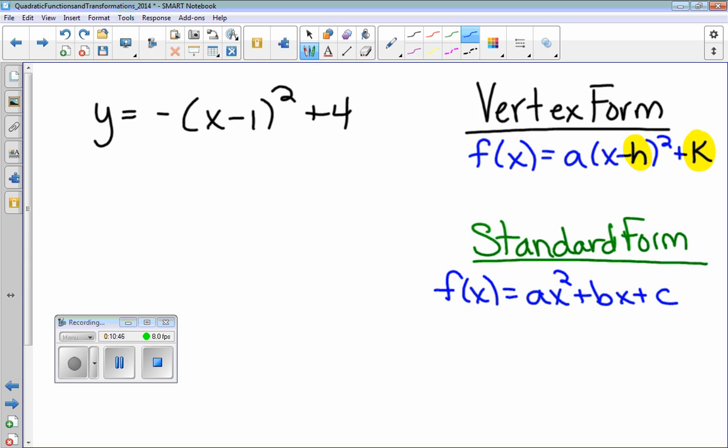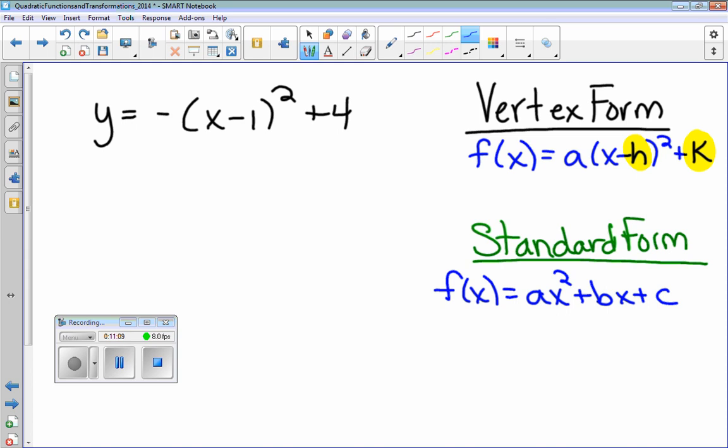Okay? What we're going to do is we're going to have to go between the two, between vertex form and standard form. Why is vertex form from a graphical point of view a good thing? Why do we want equations to look like they are in vertex form? What can we find easily and quickly? I can see the transformations.